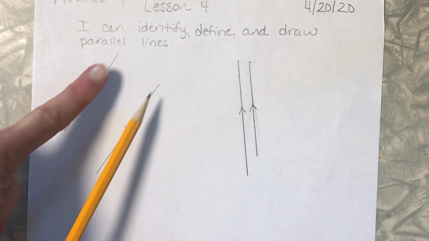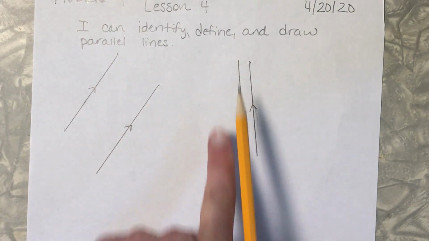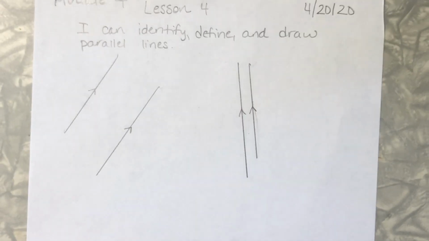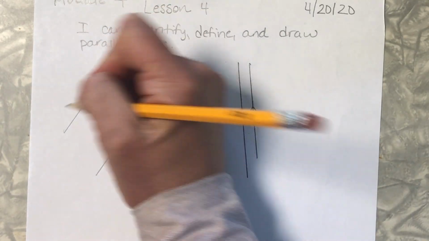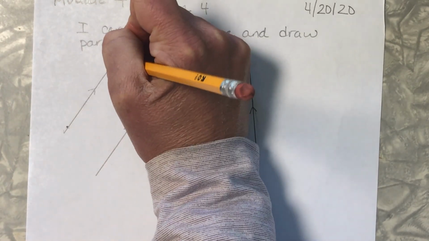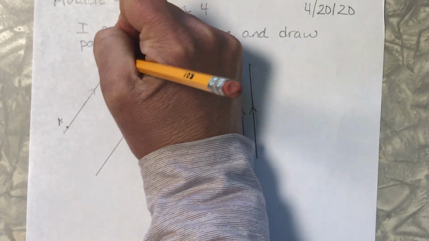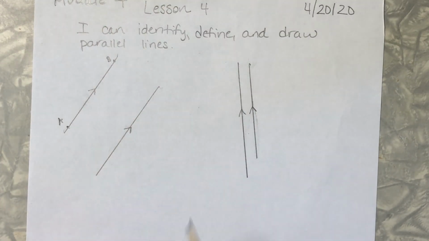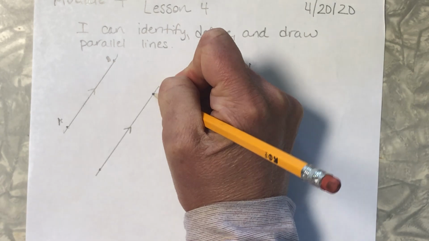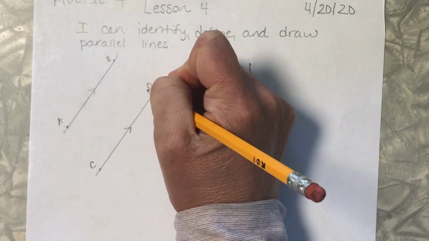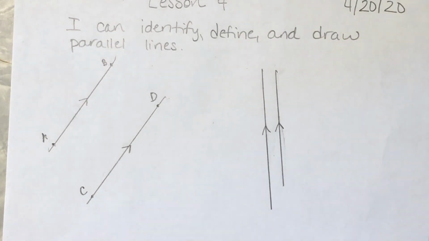Now, when we are writing and we're comparing pairs of parallel lines, just like we did perpendicular lines, parallel lines always have to come in pairs of 2 because we're saying that one is parallel to the other. So let's put some points on these line segments, actually. I'm going to call this one line segment AB, and I'm going to call this one line segment CD.